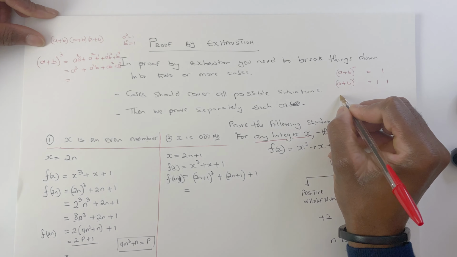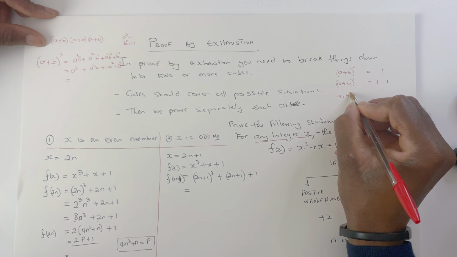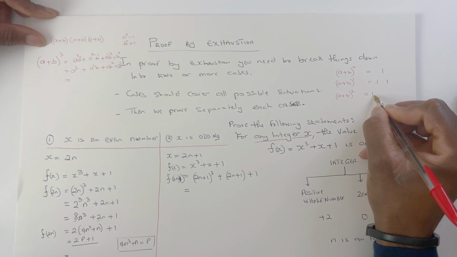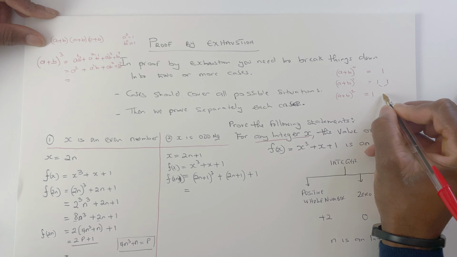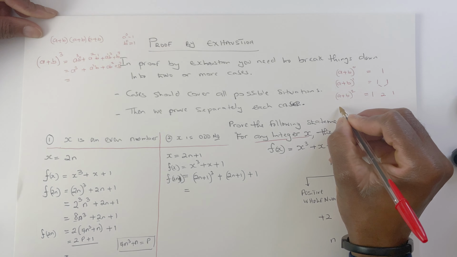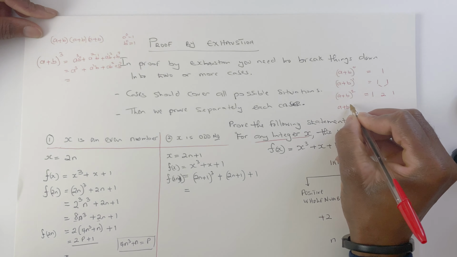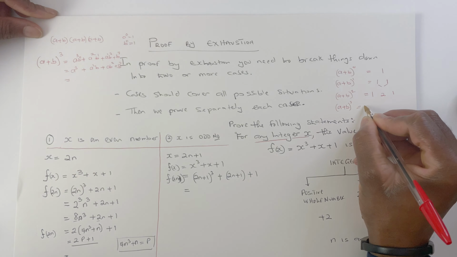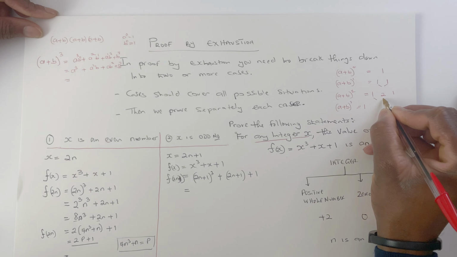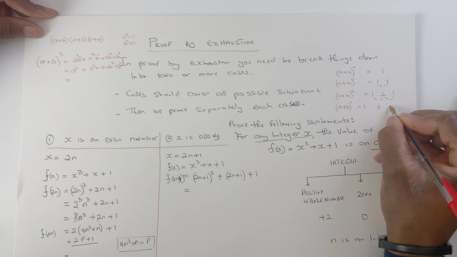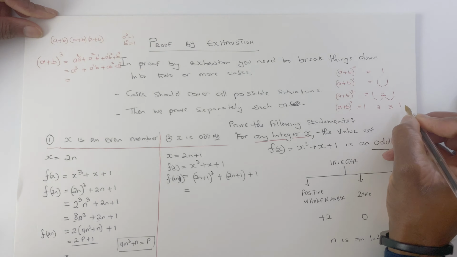And if you have (a plus b) to the power of 2, the coefficients are 1, 1 plus 1 is 2, and then you finish with 1. And if you have (a plus b) to the power of 3, again you start with 1, 1 plus 2 is 3, 2 plus 1 is 3, and then you finish with 1.